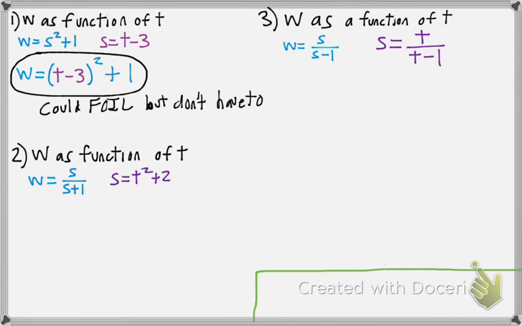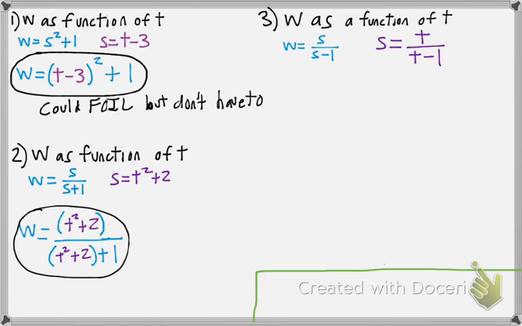For number 2, we have, again, w as a function of t. So I want to start by rewriting w, and then just with blank spaces instead of the s. And then in those blank spaces where we had an s, I want to actually plug in my s function, which is t squared plus 2, and this would be fine for an answer.